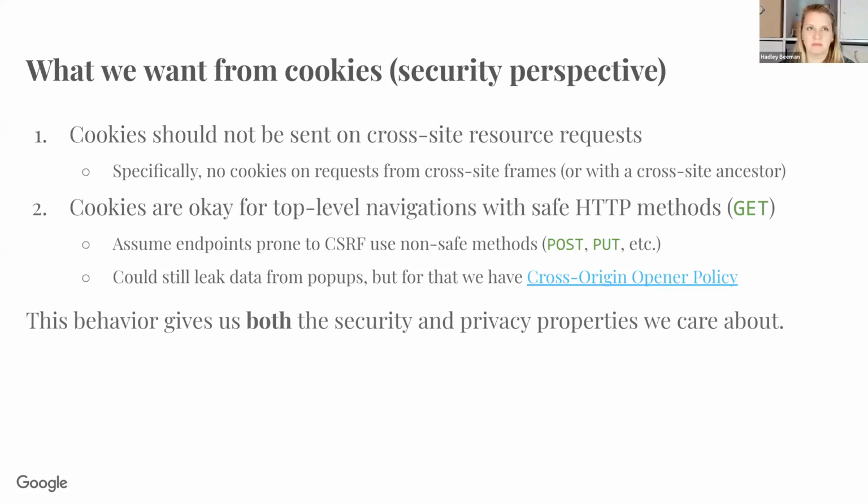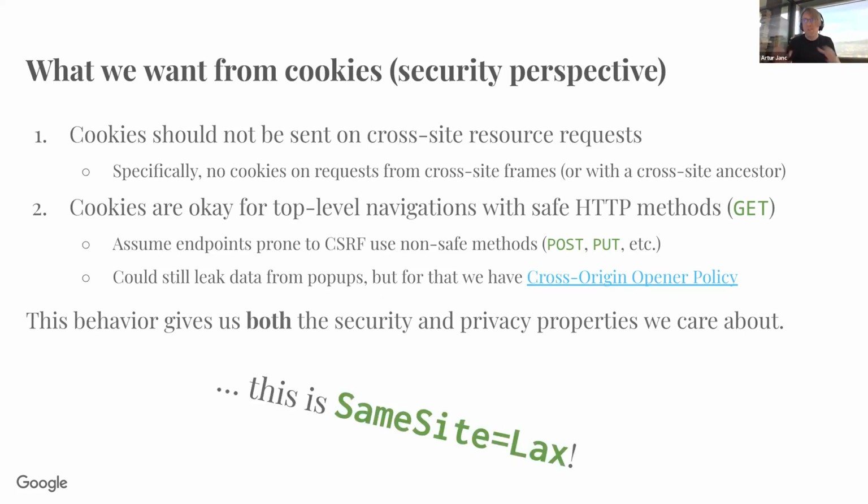The second element is we should not have cookies on post requests, even if they're top-level navigations. And if we do this, we get both the anti-tracking and the security benefits of the cookie model.